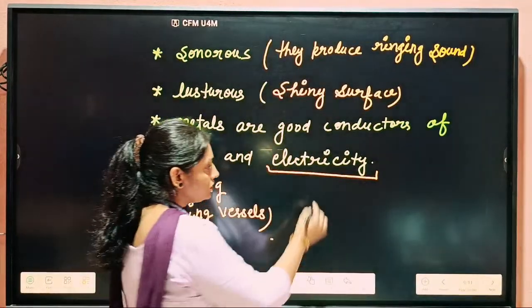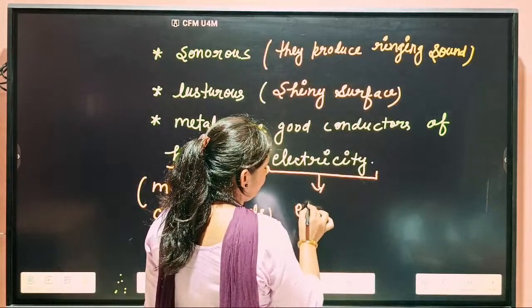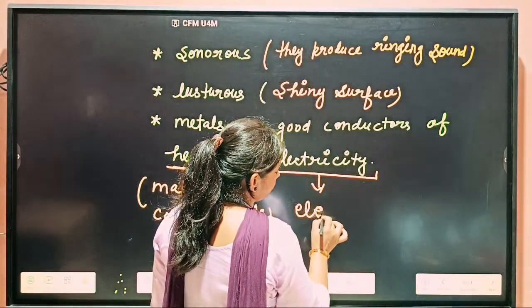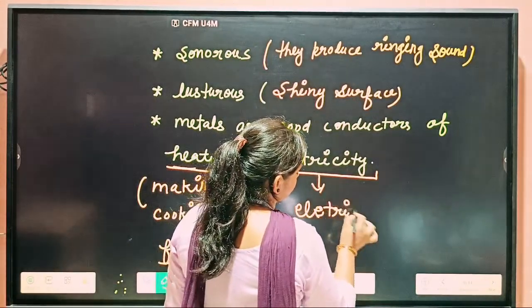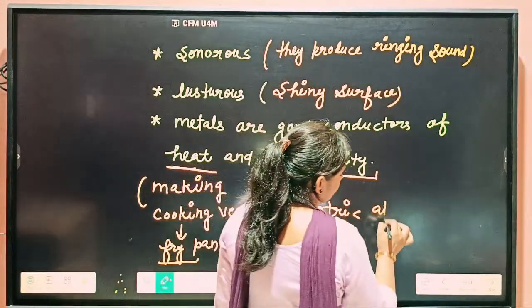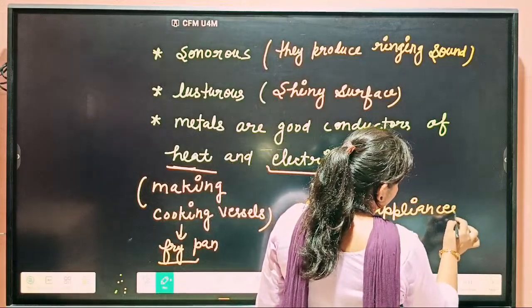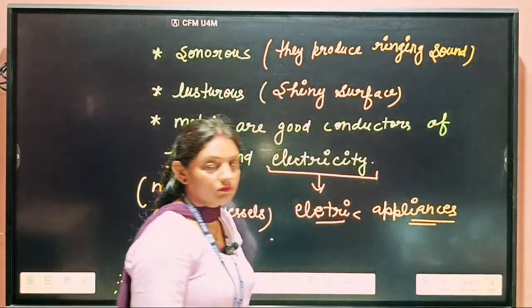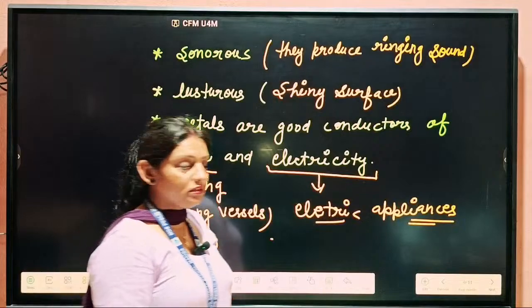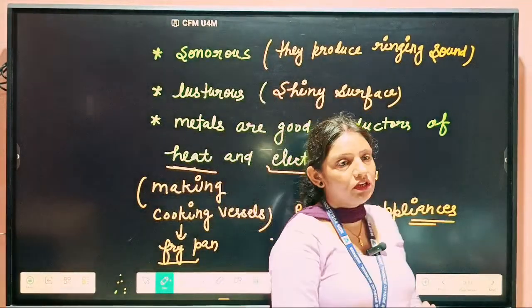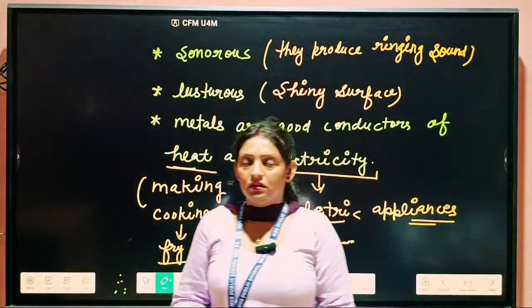So we use them to make electrical appliances. Electrical appliances are also made up of metals.